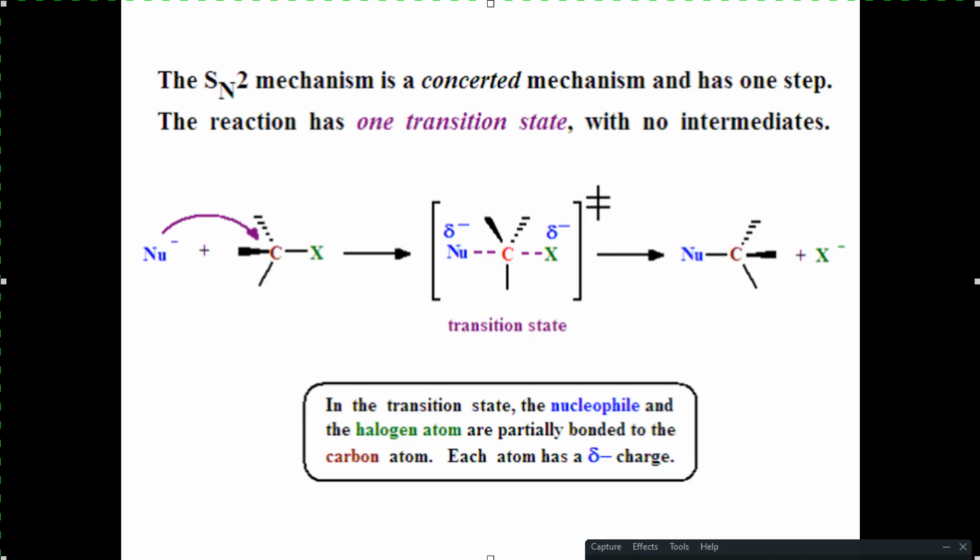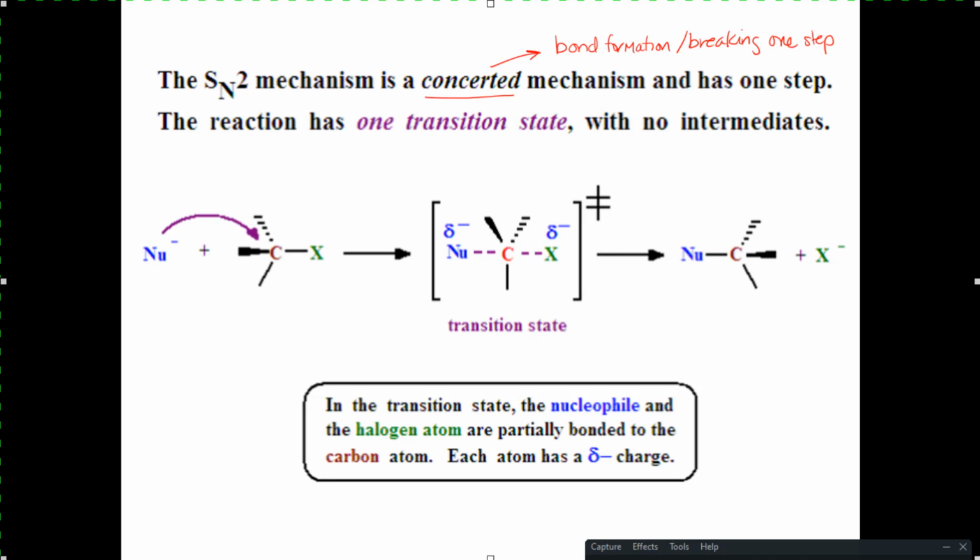Now, this reaction is a one-step, what is called concerted mechanism. A concerted mechanism is when the bond formation and the bond breaking all occur in one step, and so it's called one concerted step.